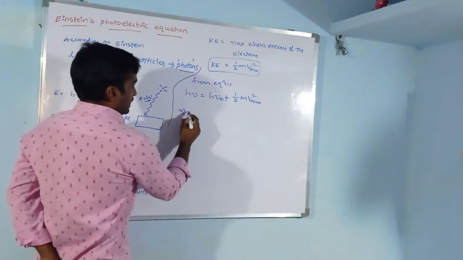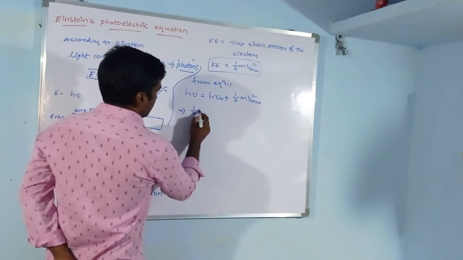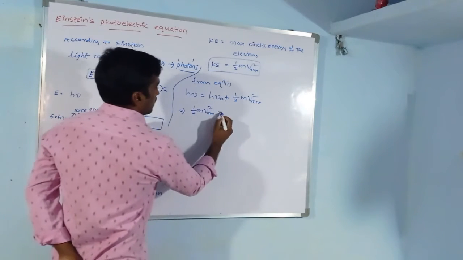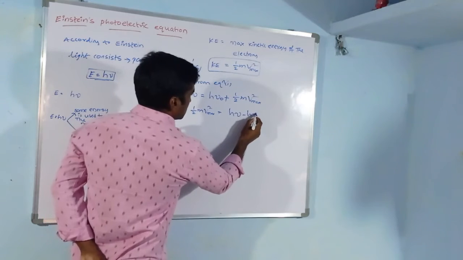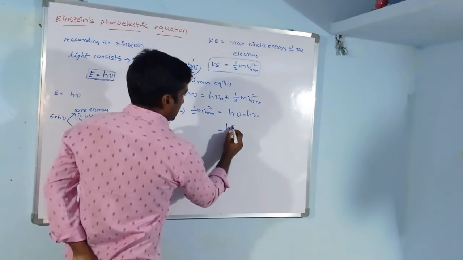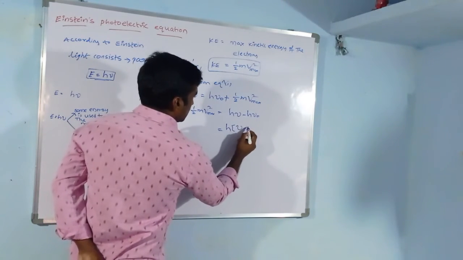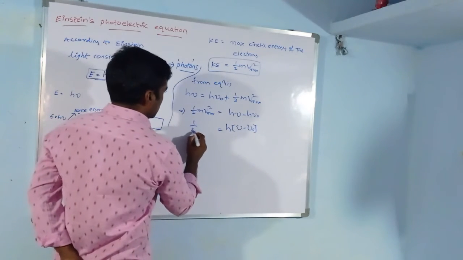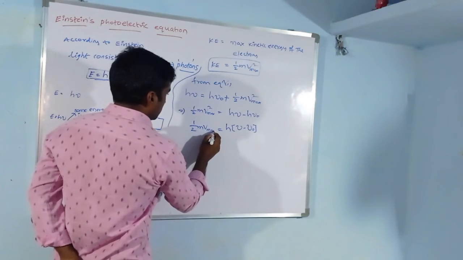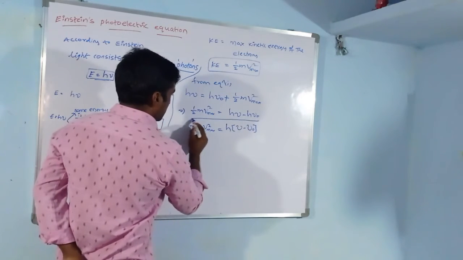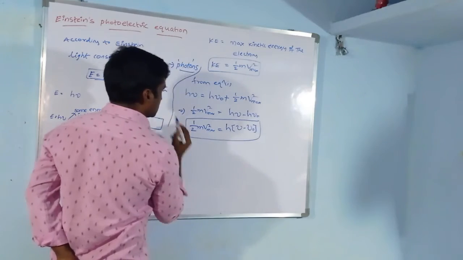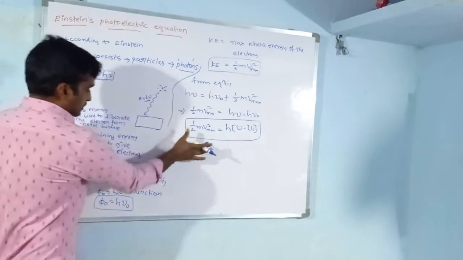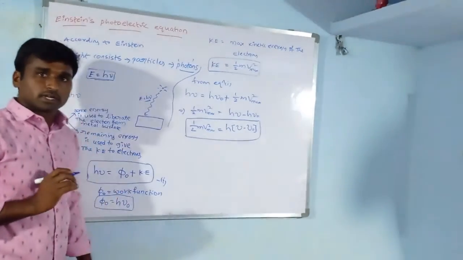From this, half m v max squared equals h nu minus h nu naught. Taking h common from the two terms, the remaining term is nu minus nu naught. So half m v max squared equals h times nu minus nu naught. This is also Einstein's photoelectric equation.